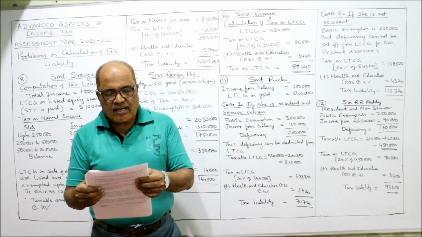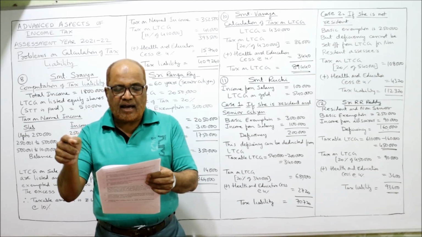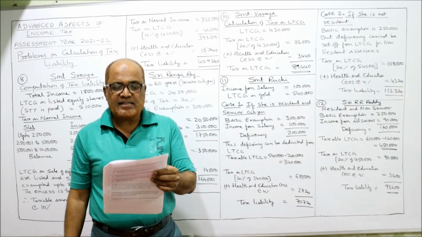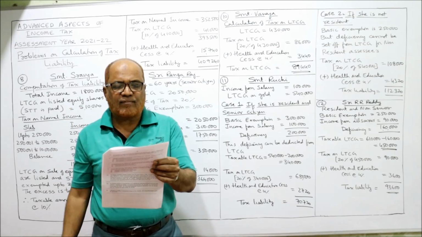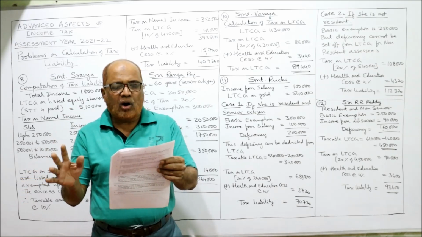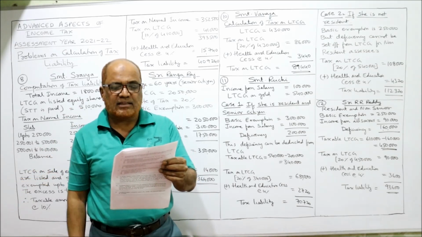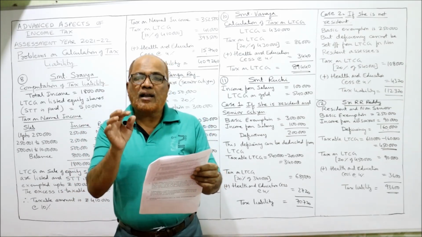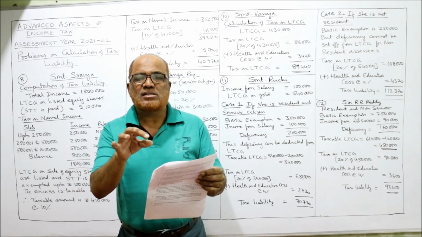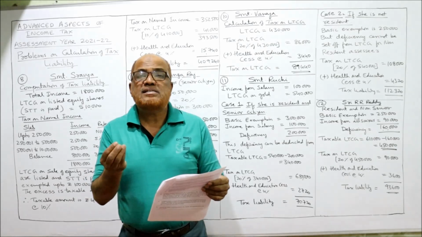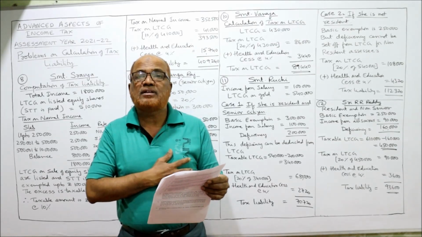Problem number 12. Sri R.R. Reddy, resident and non-senior citizen, is having 90,000 as income from all sources and long-term capital gain 6,10,000. That means her income from other sources is only 90,000. Basic exemption limit is 2,50,000.